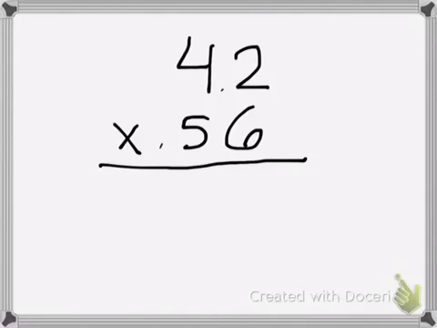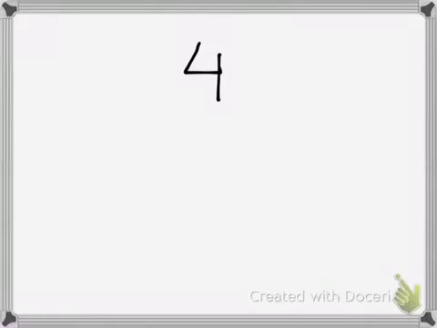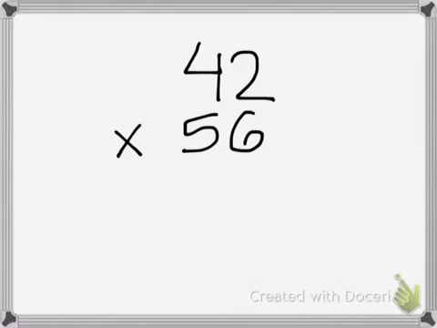Okay, to start off, I want to multiply these two numbers pretending that those decimal points are not there. So instead of 4 and 2 tenths times 56 hundredths, I'm going to multiply 42 times 56. The algorithm way, the way that I know how.